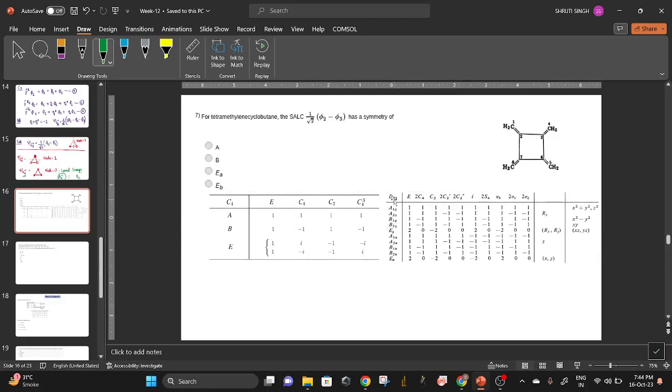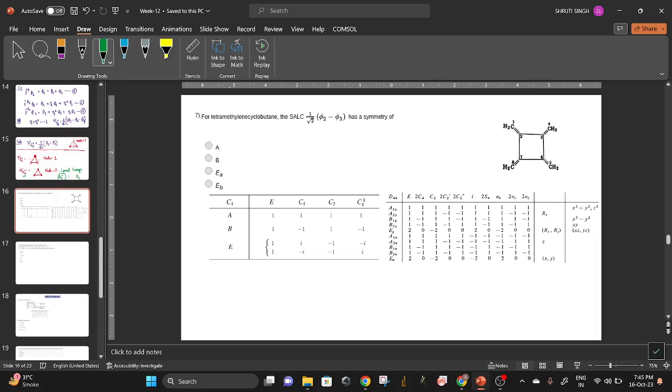The actual molecule shown here has a point group of D4h, but instead of figuring out all these symmetry operations, we can just figure out the rotational subgroup, which is C4. So that's why I've kept the character table of C4 here.